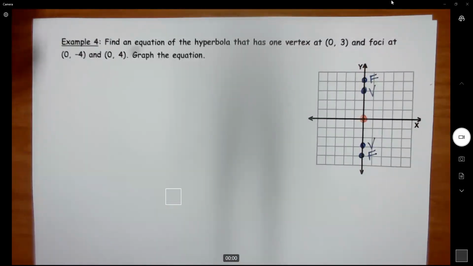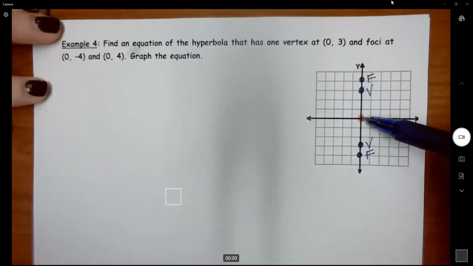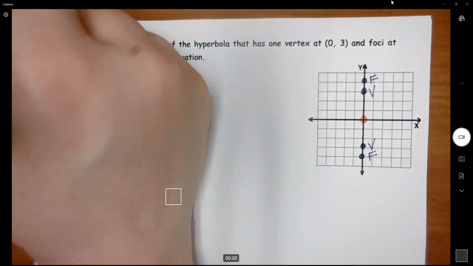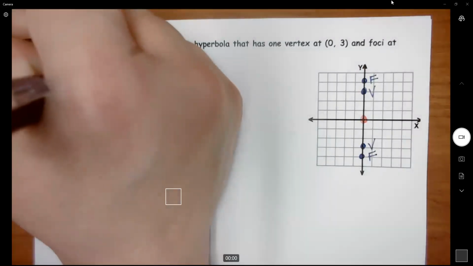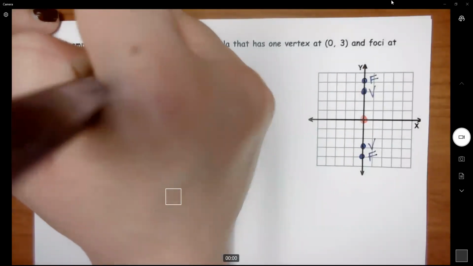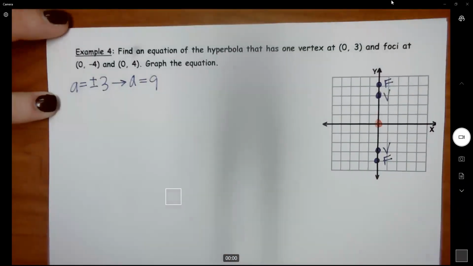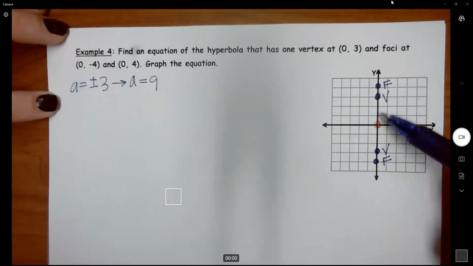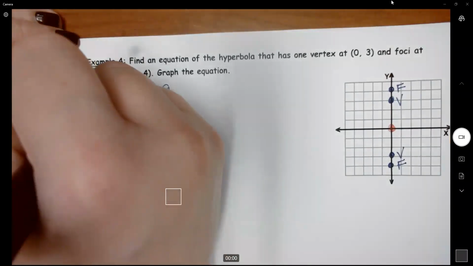So that tells me, because my vertex is 3 up and 3 down, that a is plus or minus 3, which means a squared is 9. And then my foci are up 4, down 4, so that's c.